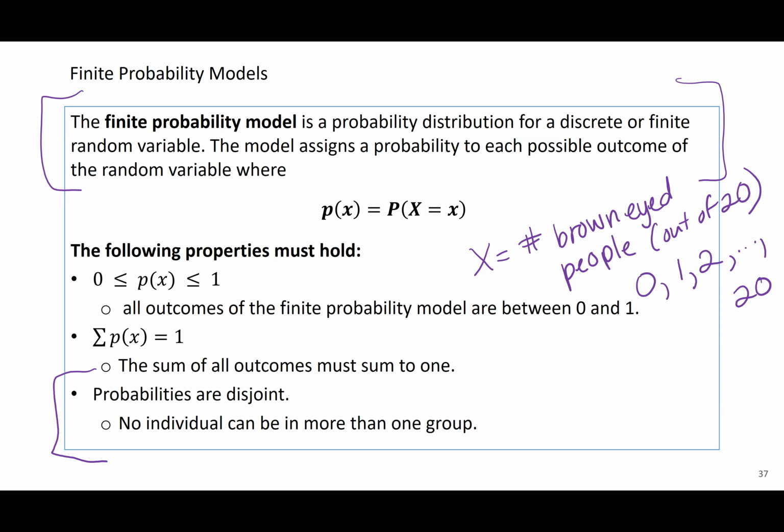The idea of my probabilities being disjoint is if I collect 20 people and observe 0 people with brown eyes, I cannot also observe 2. I can only observe one of these values at a time. So that's what we mean by disjoint: it can only happen in one category at once. And we will show an example coming up, and I'll go more into checking these properties as we go.